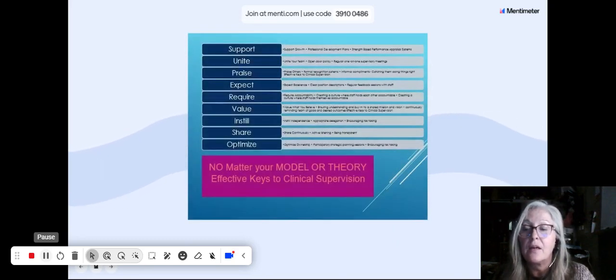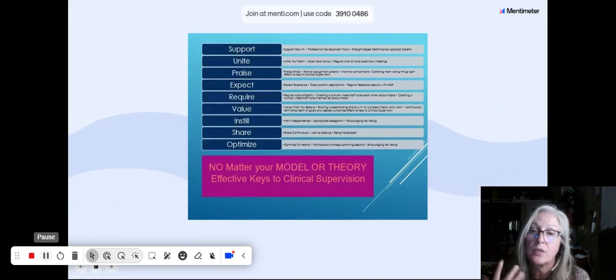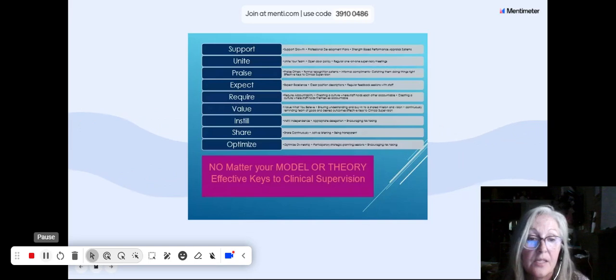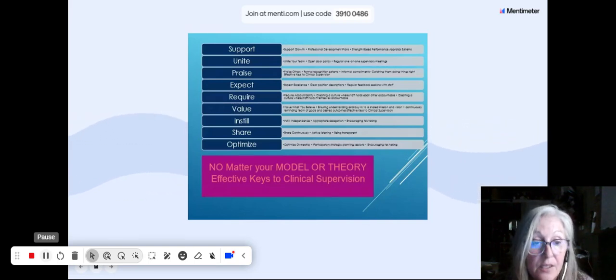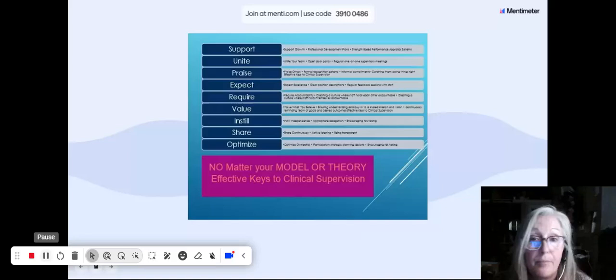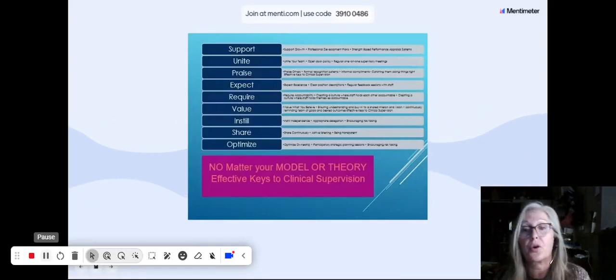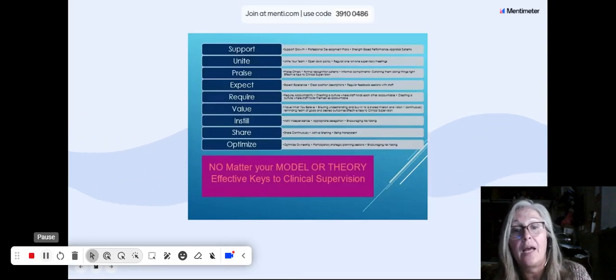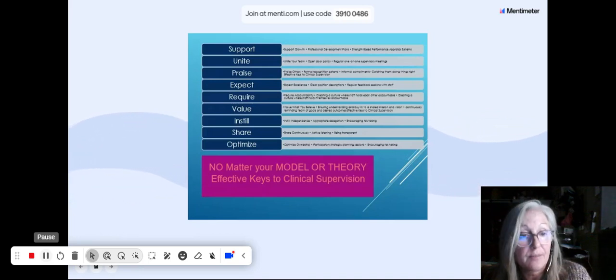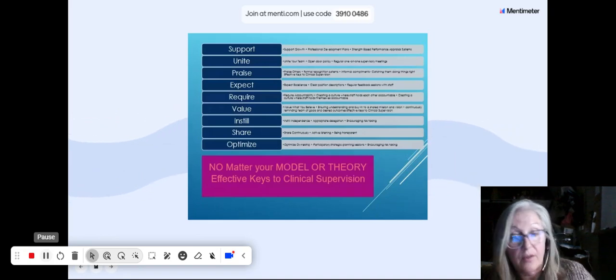And then here at the end, I just wanted to put in some of the things that, no matter what model, we're still going to have to do: instill ethics and have expectations, be a support, be that clinician's cheerleader in their corner, and share with them our own experiences so that it allows them to feel comfortable in growing with us along this journey.